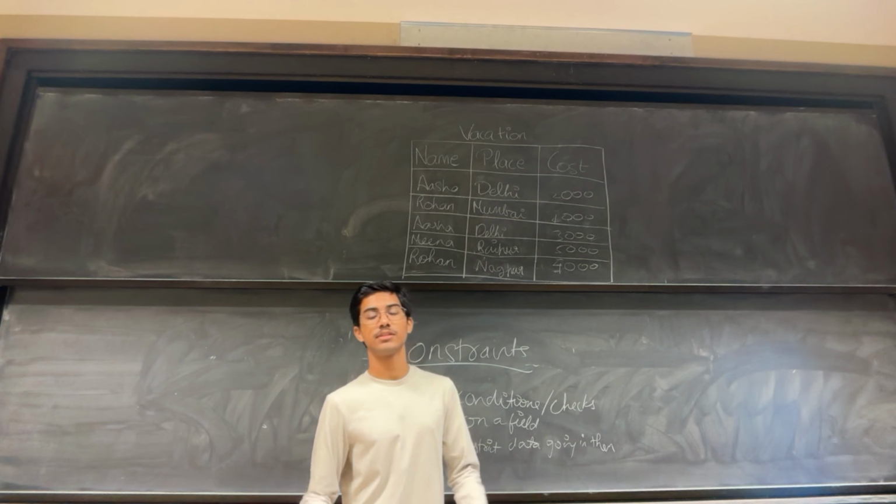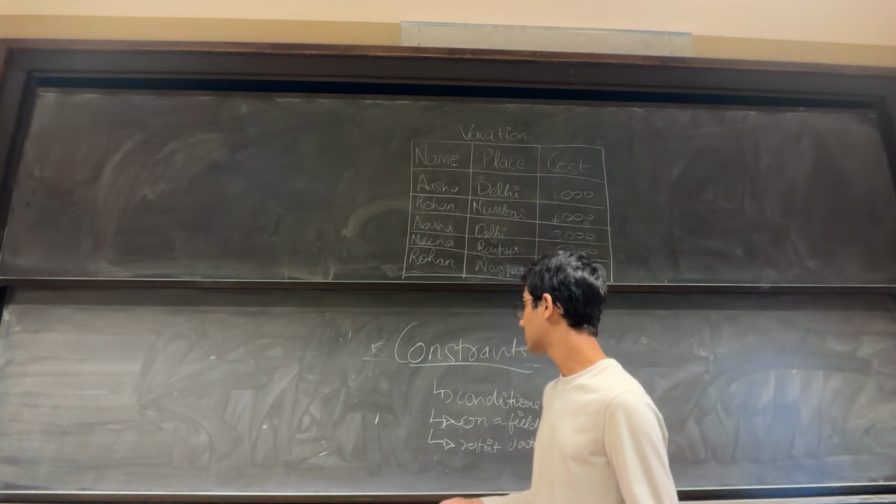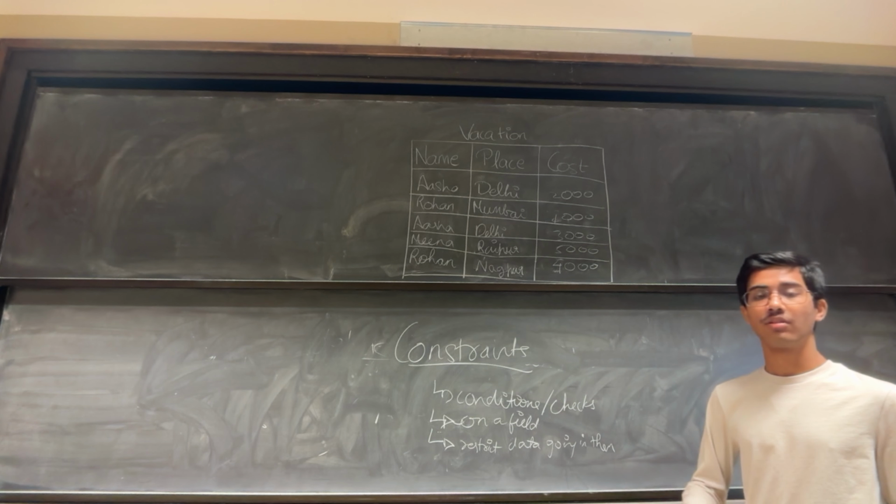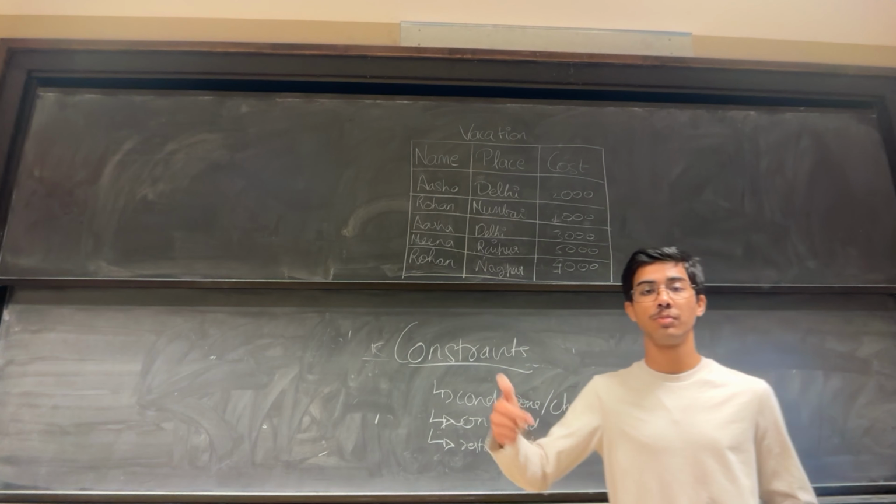For simplicity, you can just think of constraints as checks or conditions on a field or a group of fields. I mean, from that it is inferred that they restrict the data going in them.